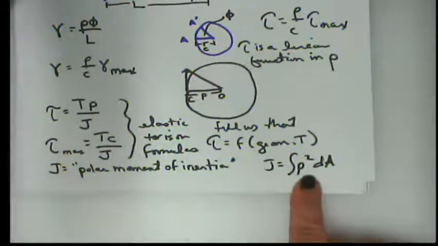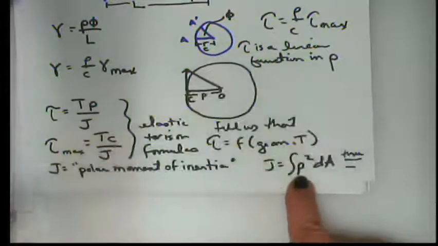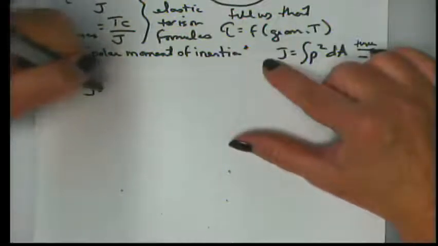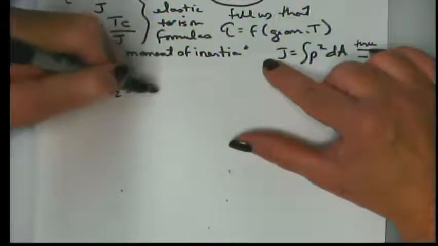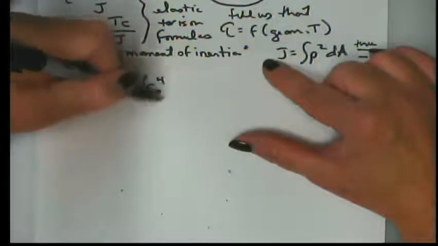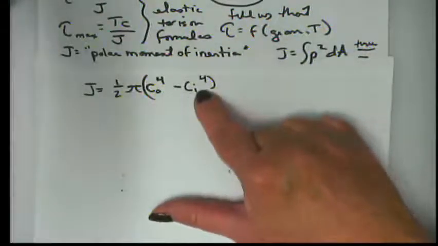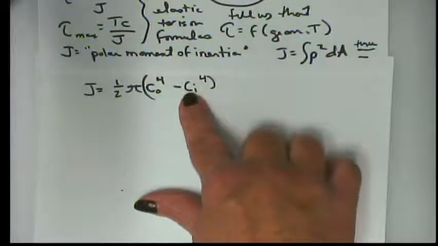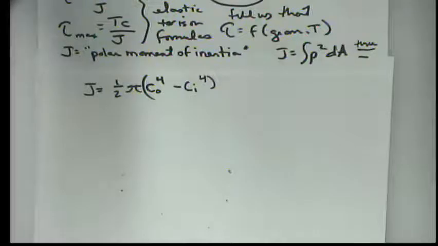And we'll never use this in this class. This is true, but we will not use it. We're not going to use this integral. We just know, or I told you, that J is equal to 1/2 pi times C on the outside to the 4th minus C on the inside to the 4th. So if you have a solid circular shaft, this is 0, and otherwise you have to take into account the radii of the outside and the inside if you have some sort of an annular space.